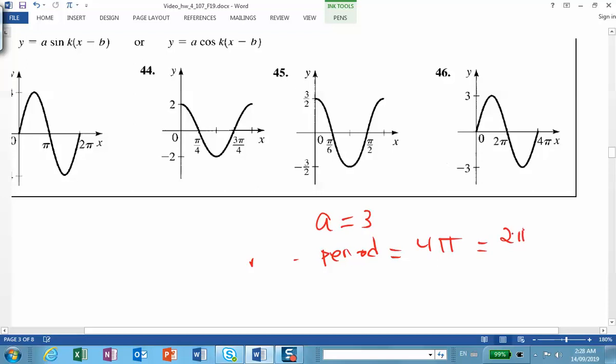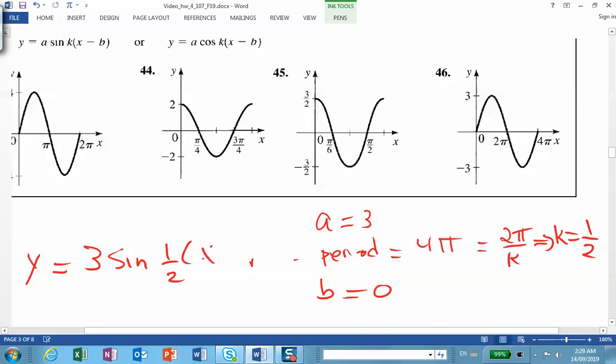Which means k is 1/2. And again, there's no shift. So b is 0. So it is obvious that this is a sine. So 3 sine of 1/2 times x minus 0, or simply 3 sine x over 2.